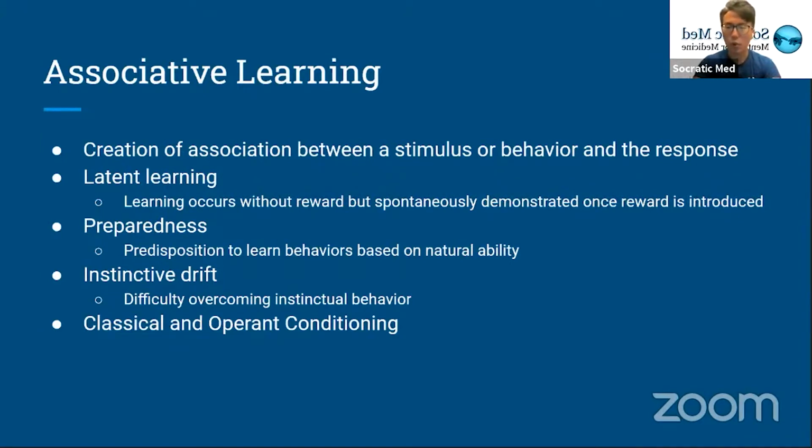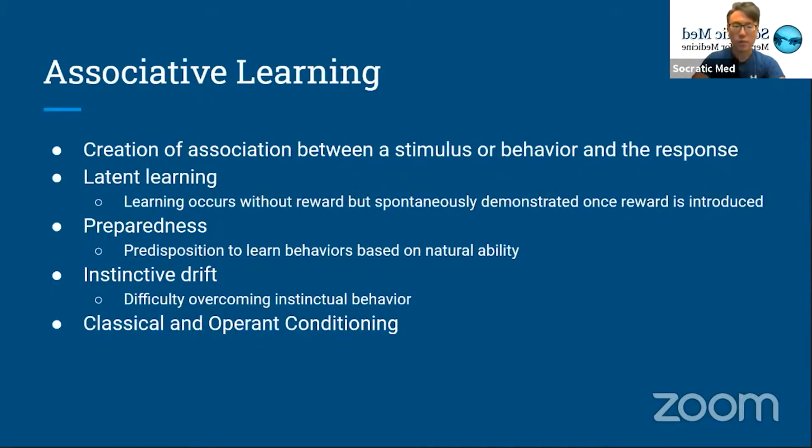Once you're born with a certain behavior, it's difficult to overcome your instincts and move away from that behavior or stop performing it. Associative learning is also split into two categories: classical conditioning and operant conditioning.